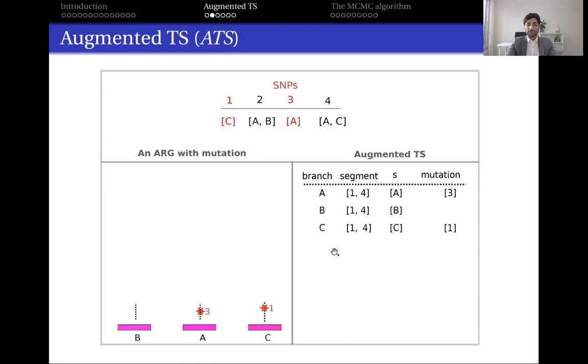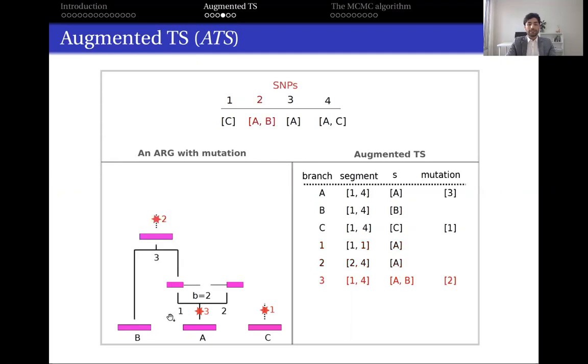And similarly for the other 2. Going backwards in time, there is a recombination on branch A, resulting in 2 branches, 1 and 2. Branch 1 carries the ancestral material left of the breakpoint, only site 1, and branch 2 carries ancestral material right of the breakpoint, from 2 to 4.